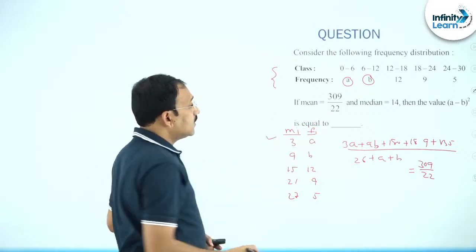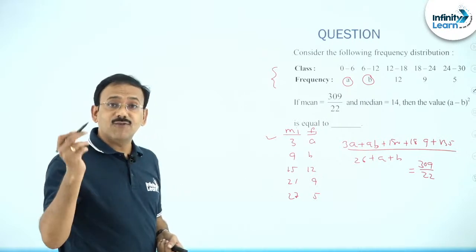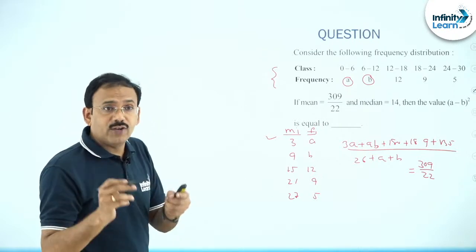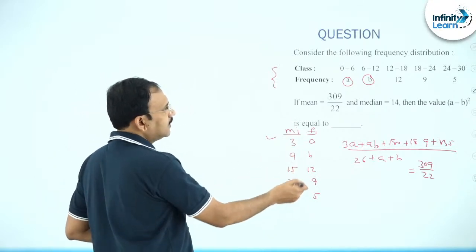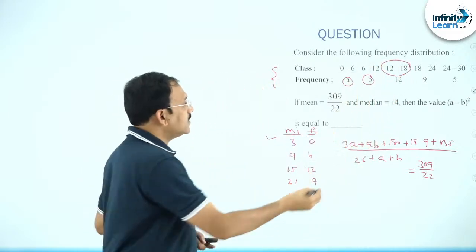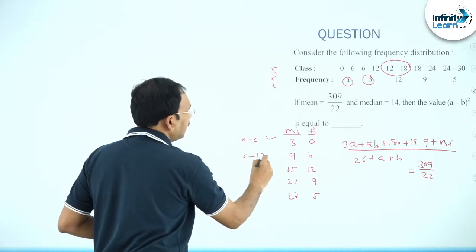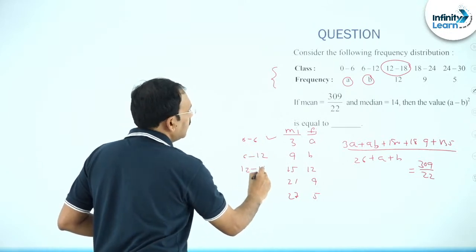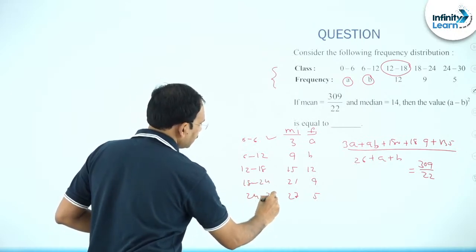So, from this, what about the median for this data? The median, he said, is 14. You see how I am going to interpret this data. Median 14 means the class interval, your answer is in 12 to 18, right? That means this is the median class: 0 to 6, 6 to 12, this is 12 to 18, and 18 to 24 and 24 to 30.